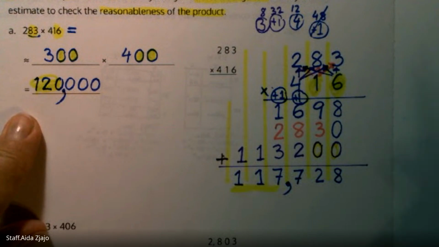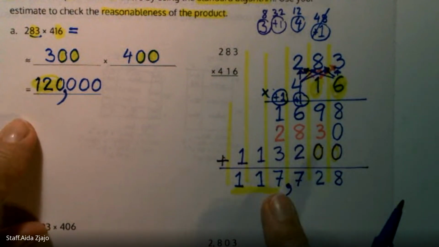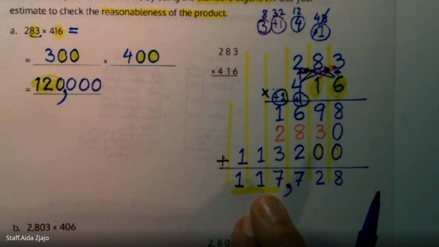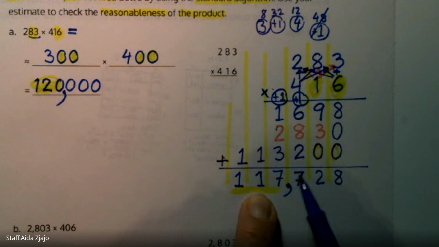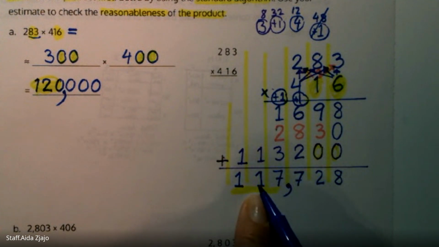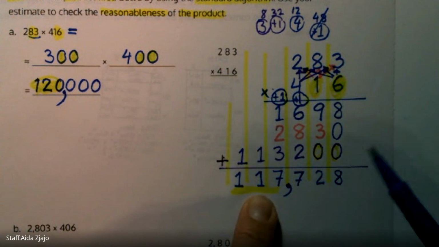If I think to round to the nearest 10,000s, I already have 7,000, so I can round 7 up one more. So this number can create a new 10,000.